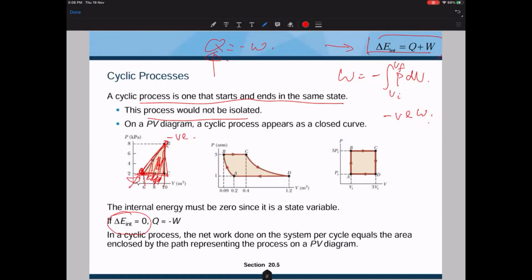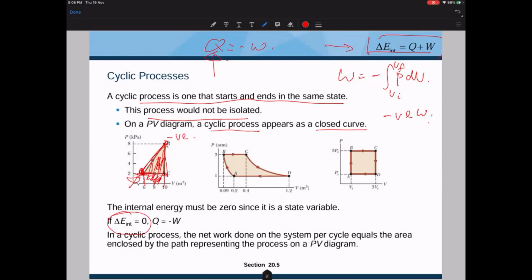Of course, different machines or different engines would run different cyclic processes. So this would be a very major topic of study in mechanical engineering, or actually in all of the engineering processes. In a PV diagram, a cyclic process appears as a closed curve.